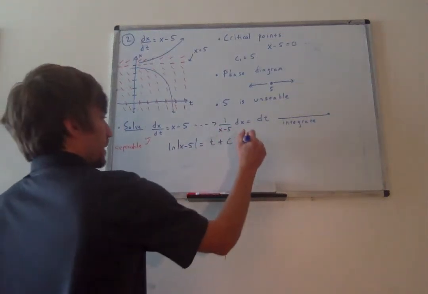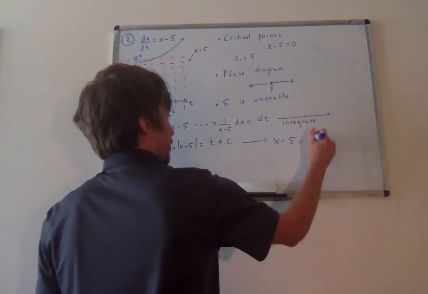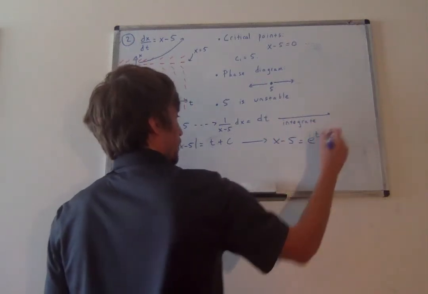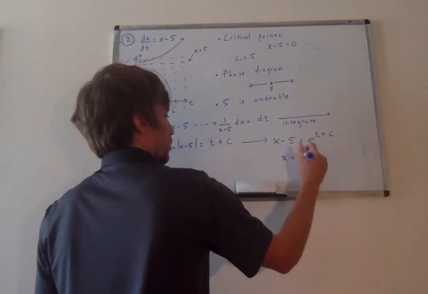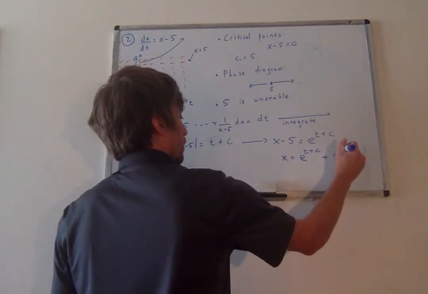Now we take both sides to the e, and we get that x minus 5 is equal to e to the t plus c. And so solving for x, we would get that x is equal to e to the t plus c plus 5.